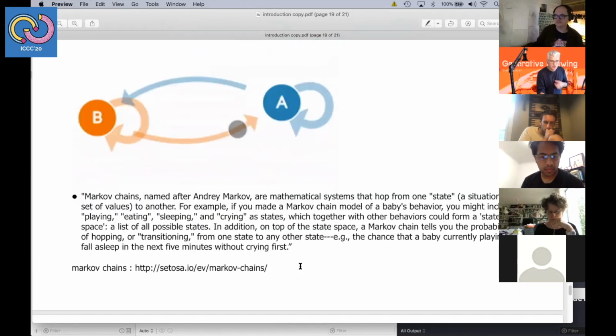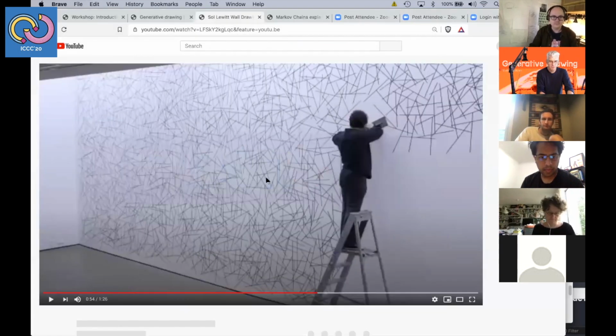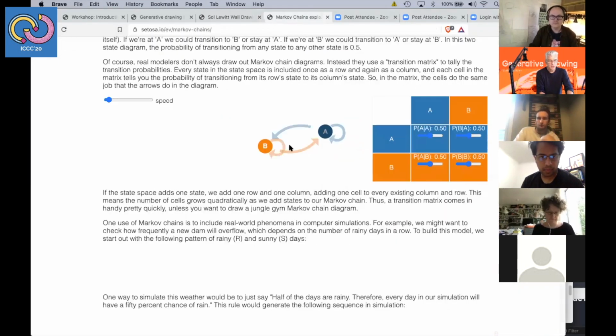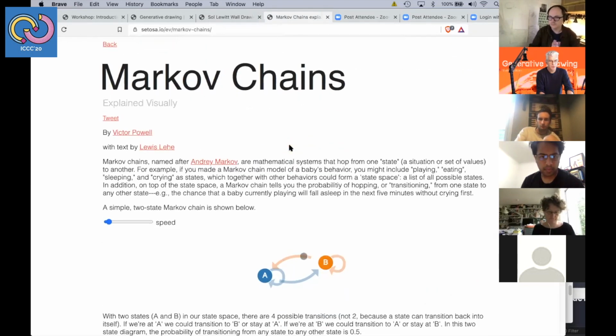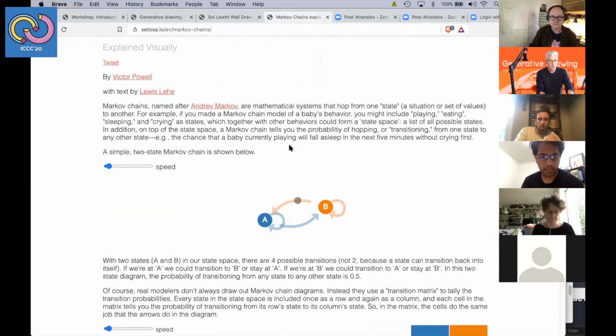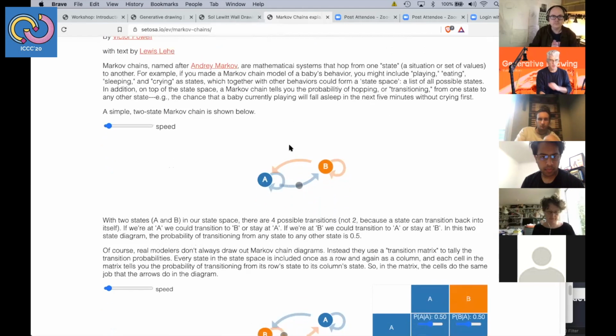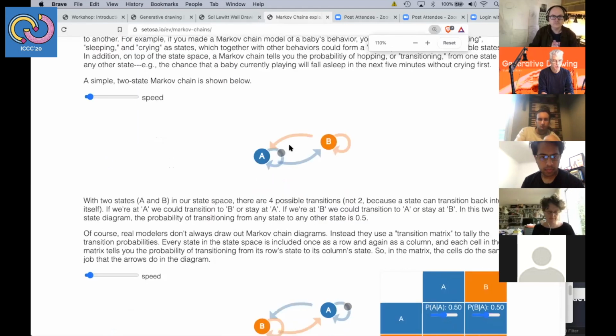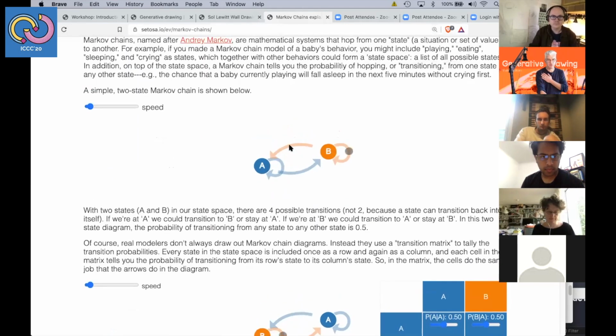Now, the example at setosa.io is beautiful, far better than I can describe, but I really do recommend you go and have a look, that you can see, if you can see the example on screen, of a 2-state Markov chain.